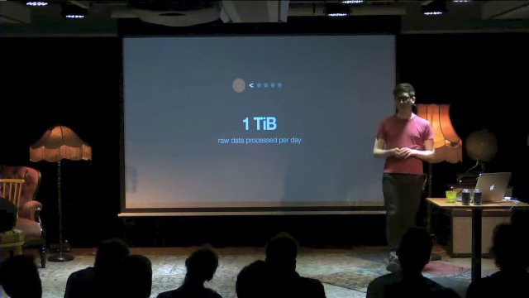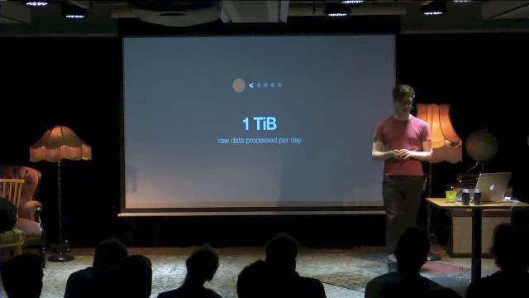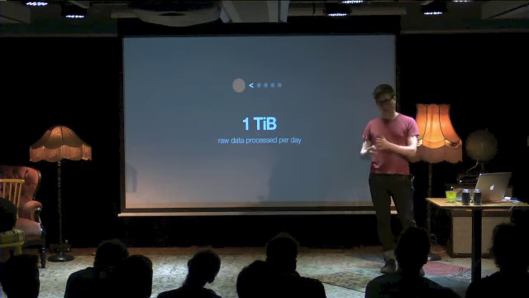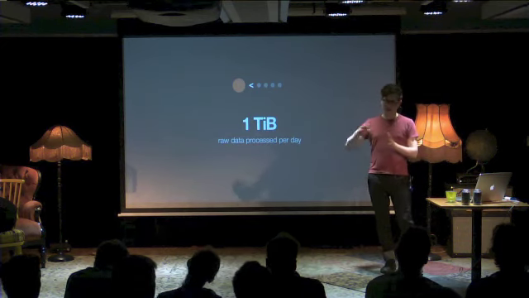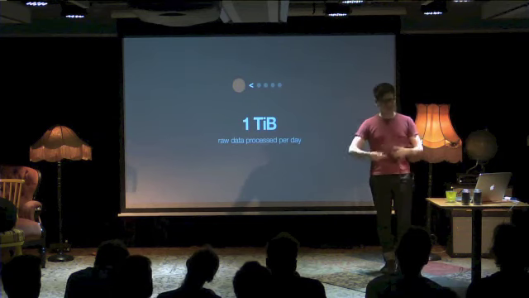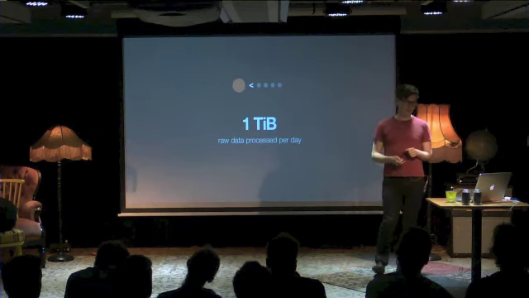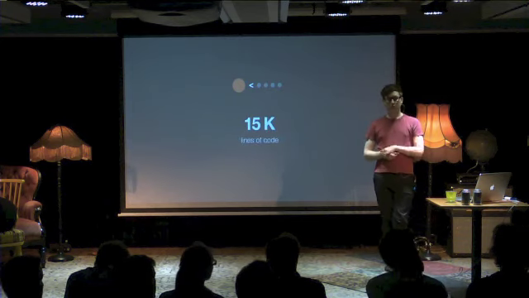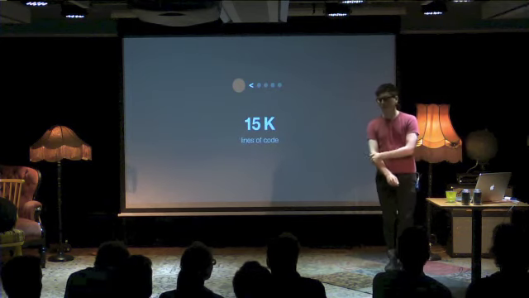We don't process all of it for everything, but it flows through the system, gets processed, chopped up into bits, aggregated up into other bits, and passed along in different parts of the system. And it's all 15,000 lines of code.